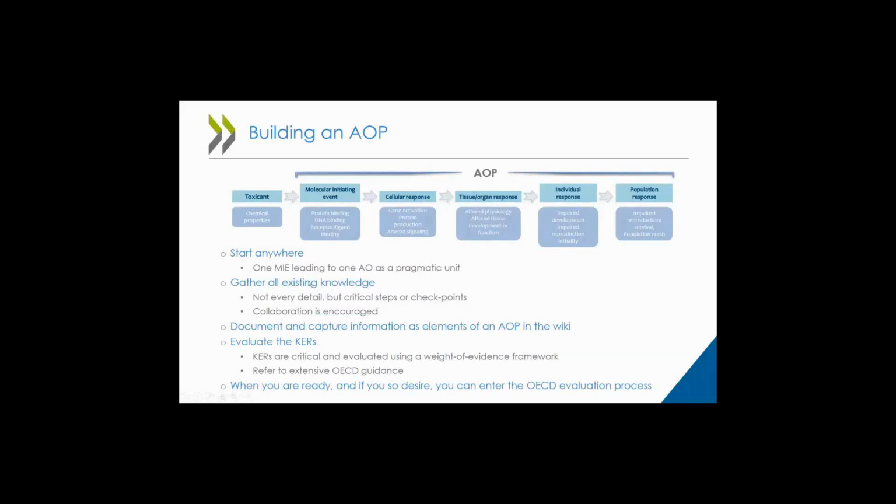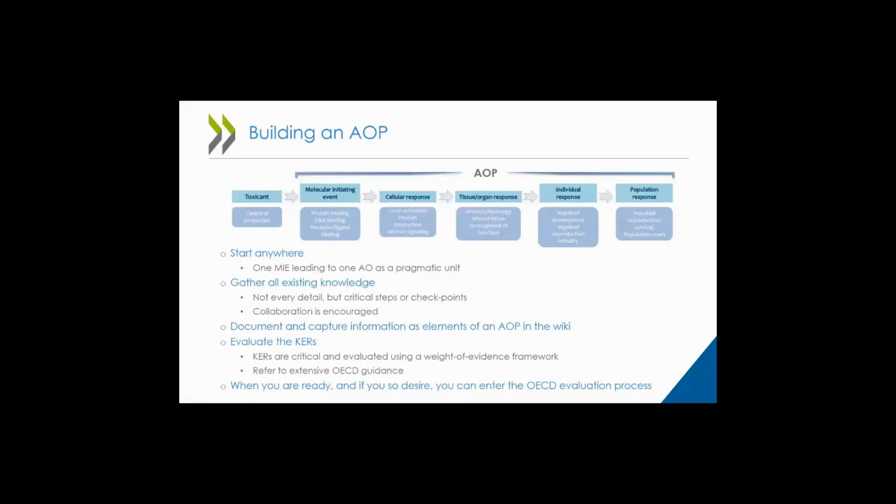Okay, so how do you start? You begin by gathering all existing information, not every detail, but the critical steps or checkpoints in the biology. And because an AOP covers a wide range of biological complexity, it's unlikely that one person is going to have expertise in all of these areas or in all of this biology, and therefore collaboration is encouraged.